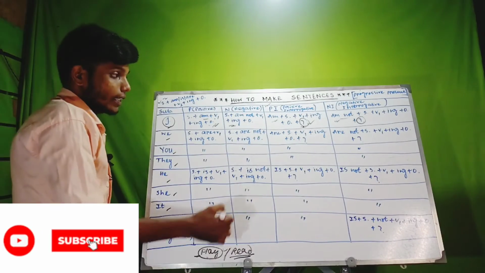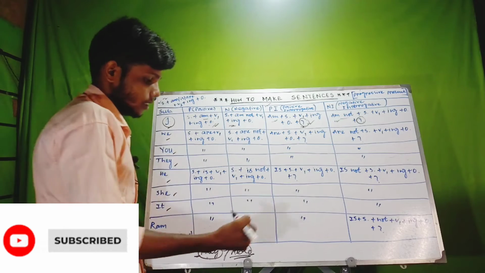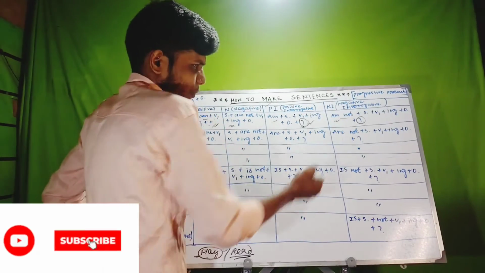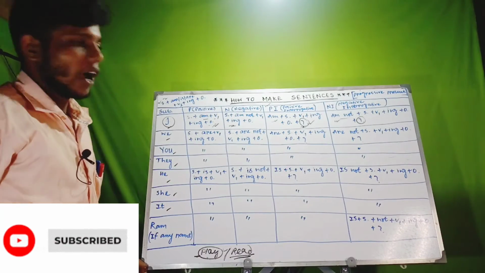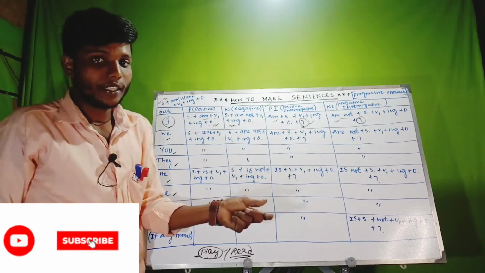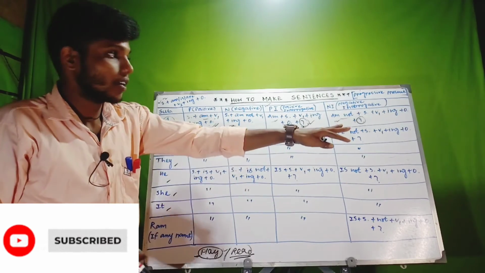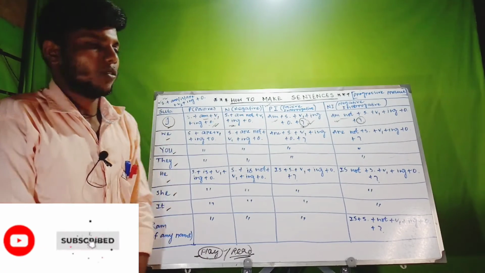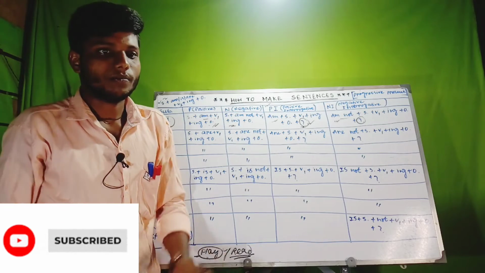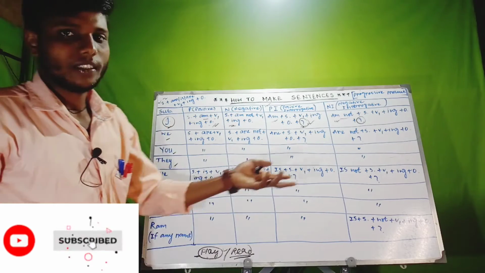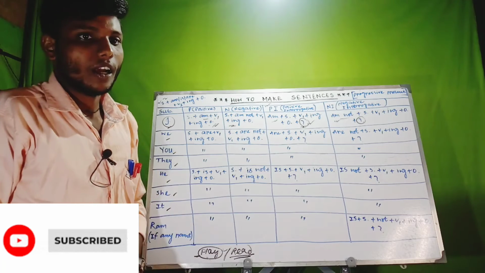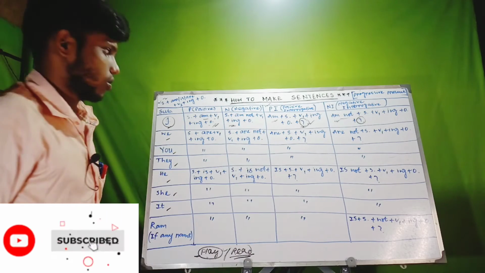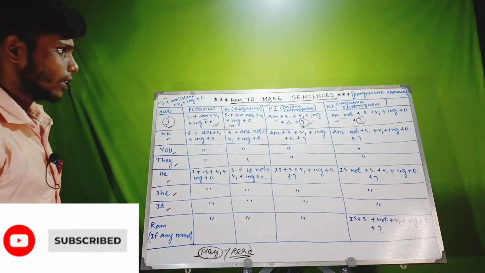Then the sentence is: am I not reading? If I extend it, am I not reading any books, a storybook, a novel, etc.